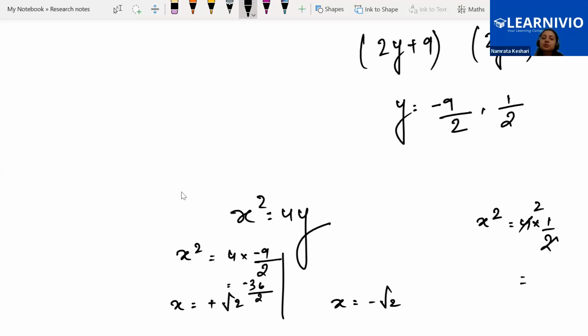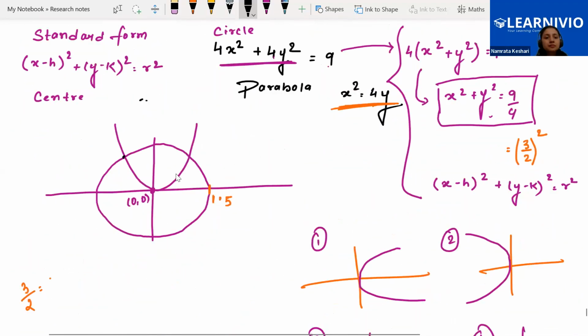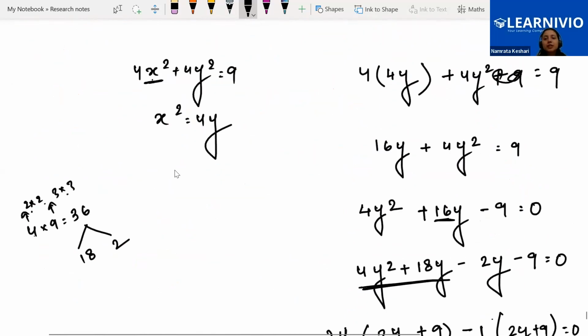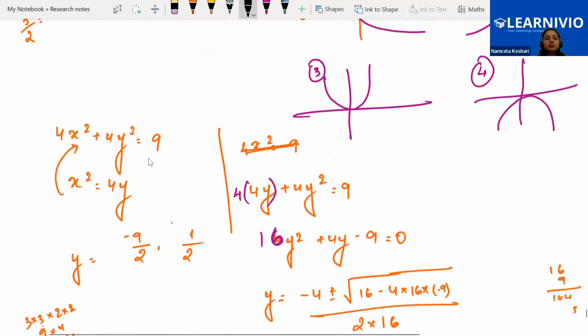So root 2 and minus root 2. When x is minus root 2, y is 1 by 2. When x is plus root 2, then also y is 1 by 2. Right?